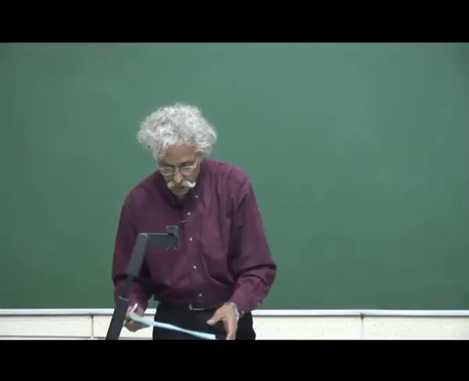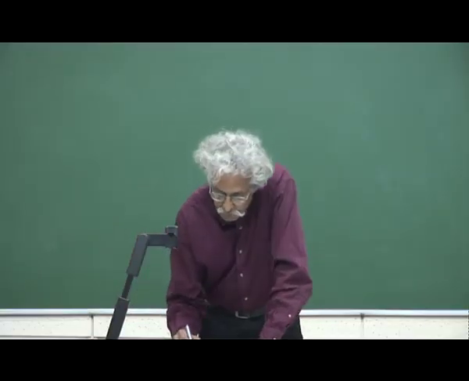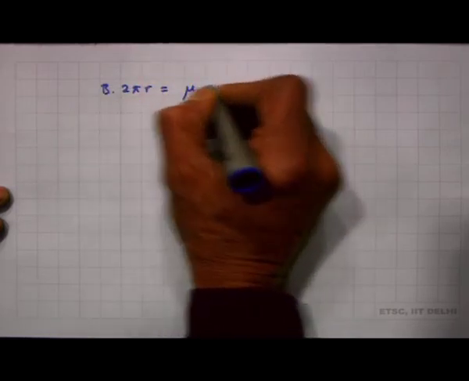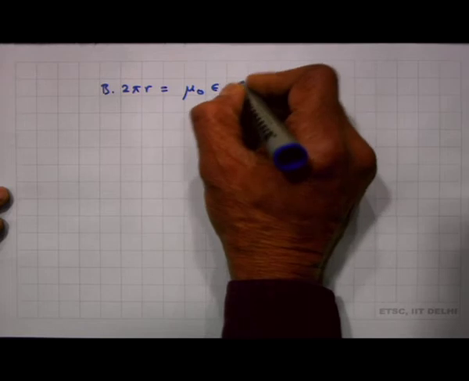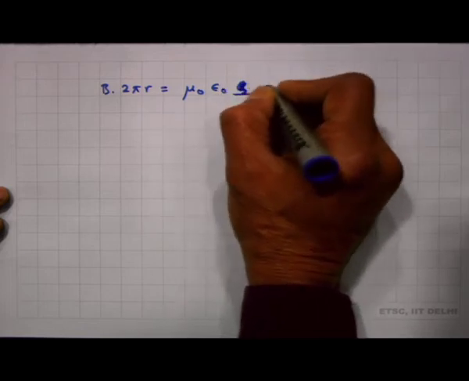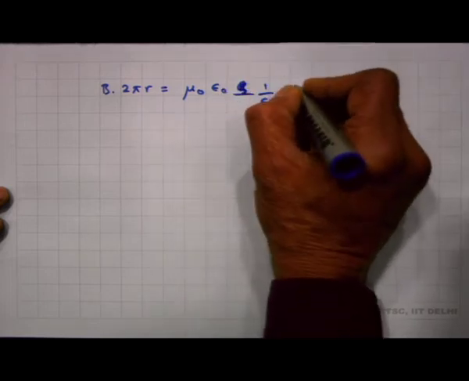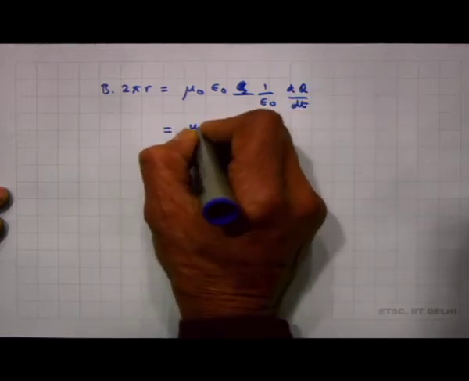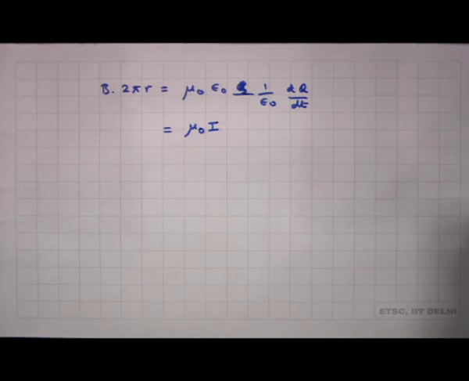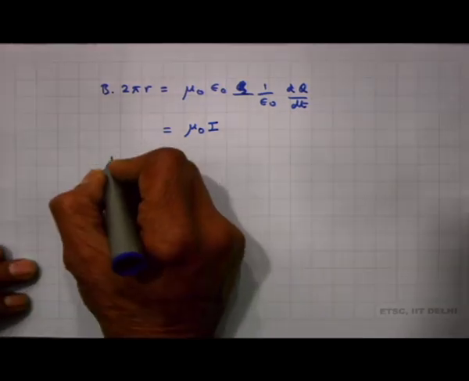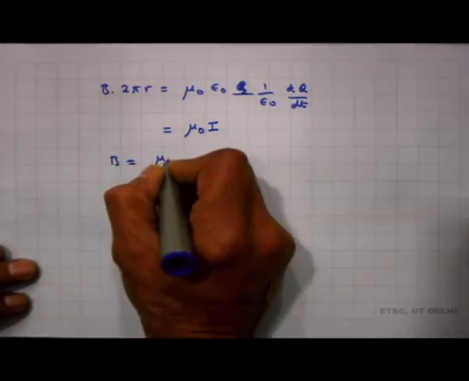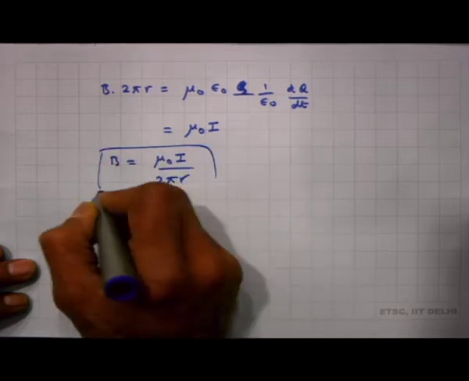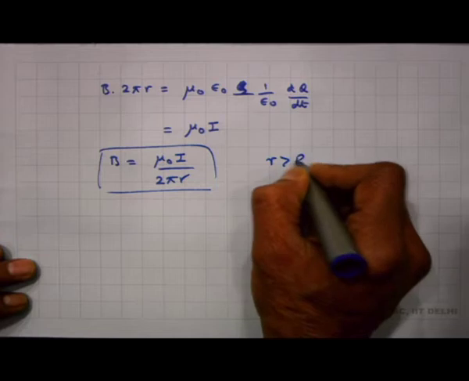I get B into 2 pi r equal to mu naught epsilon naught times 1 by epsilon 0 dq by dt, which is equal to mu naught I, because dq by dt is the current passing through. So, the magnetic field is mu naught I by 2 pi r. This is for r greater than capital R.